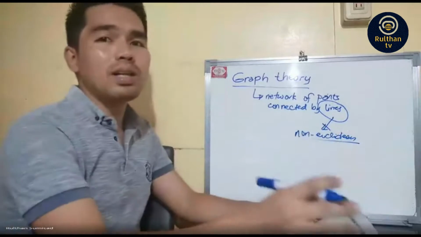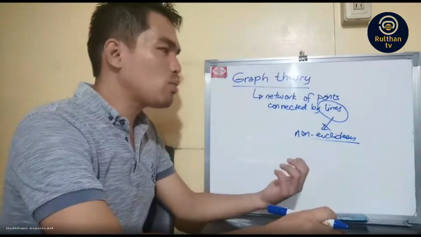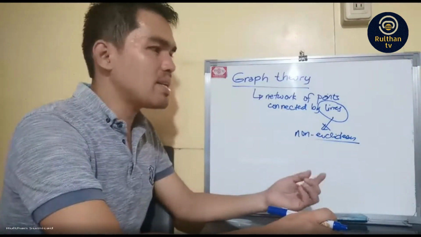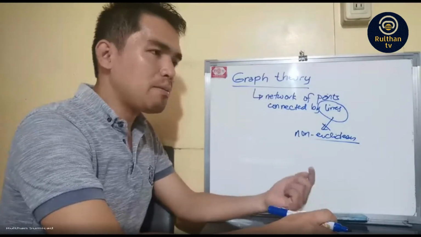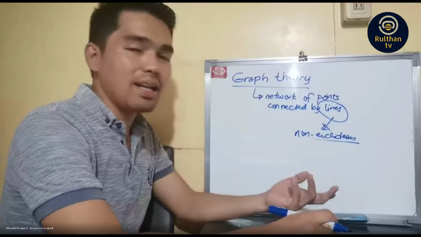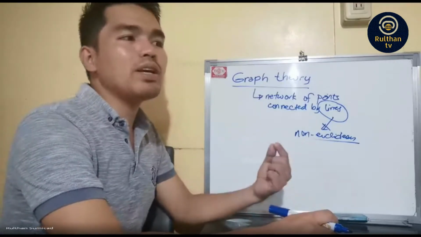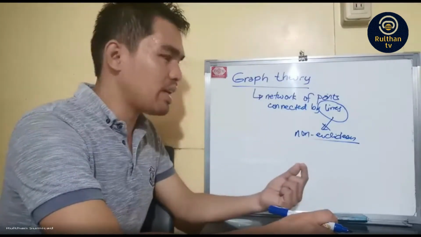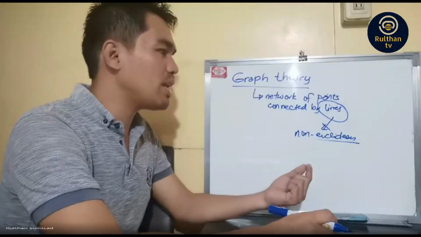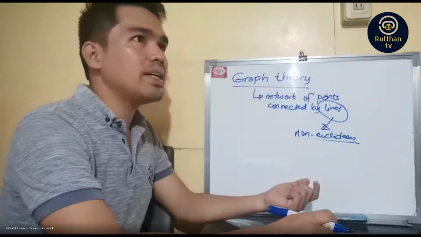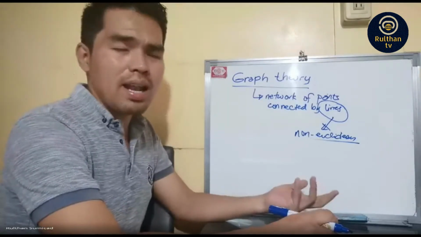It's a non-Euclidean line because when you say Euclidean lines, it's a line as defined in the book of Euclid, the Elements, that whenever you have 2 points connected together, then you have a line. But the line we're talking about here is not Euclidean, but rather a non-Euclidean line.